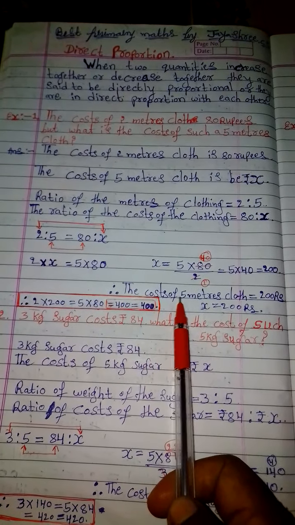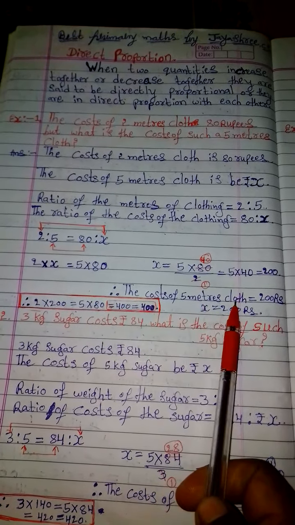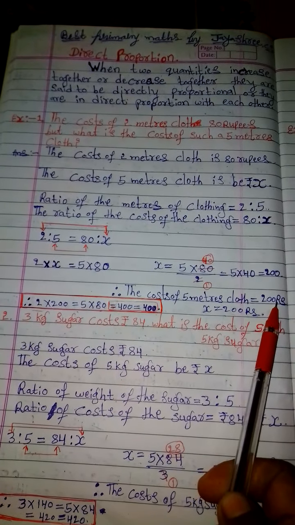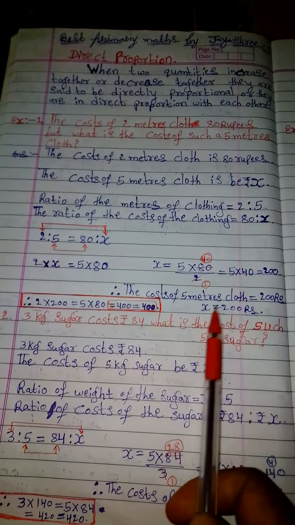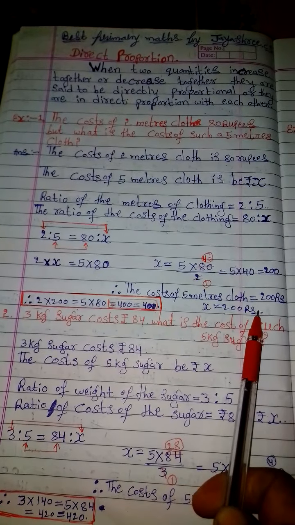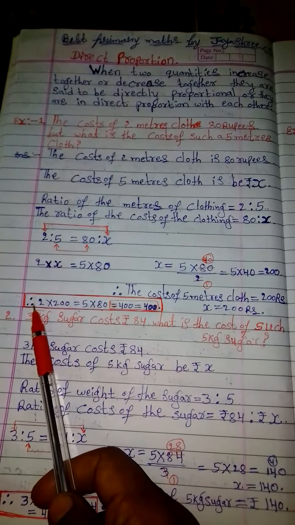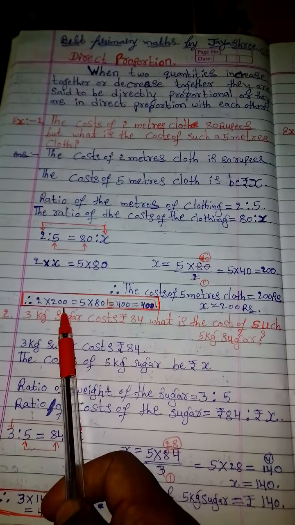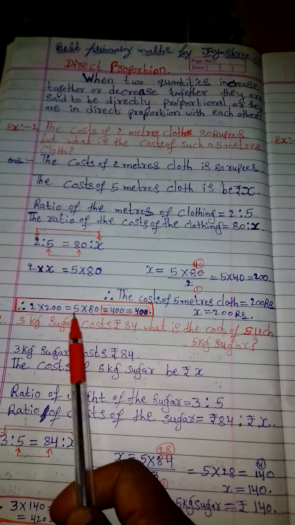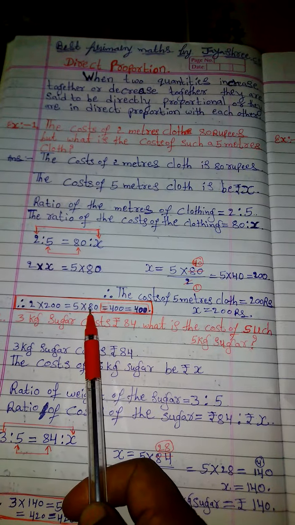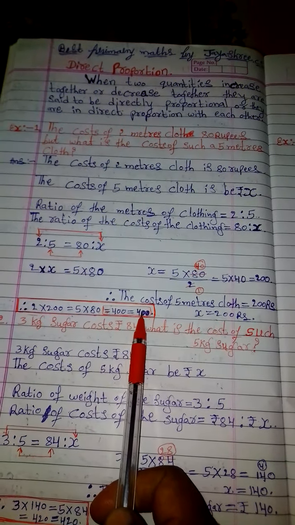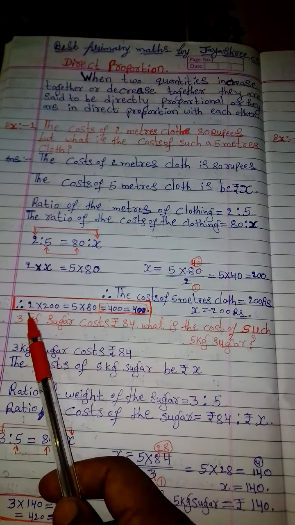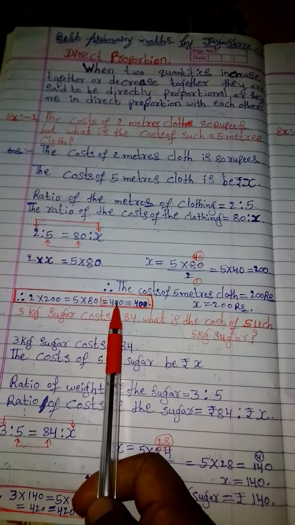The cost of 5 meters of cloth is 200 rupees. X equals 200 rupees. Therefore 2 into the value of X, 200, equals 5 into 80. 2 twos are 4, 400; 5 eights are 40, 400.